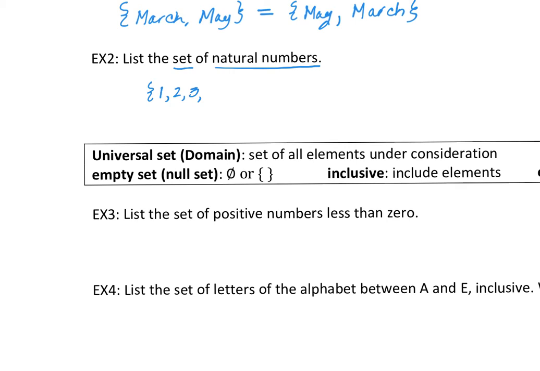So if there is a pattern and I want to indicate that this pattern continues, I would do the 3 dots, which are our ellipses, which means and so on, or the pattern continues, and then close my set. So notice that the order in this case does matter because I'm establishing a pattern. If I had written 3, 1, 2, dot, dot, dot, it wouldn't be clear what the pattern is.